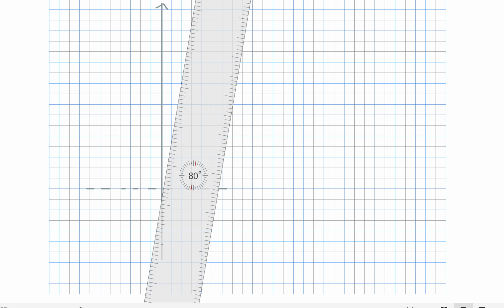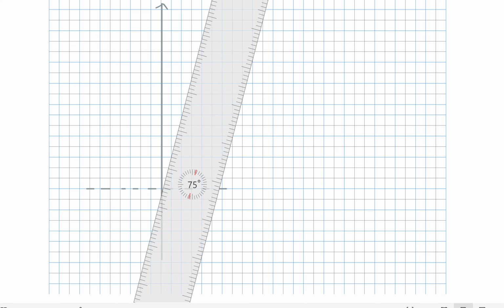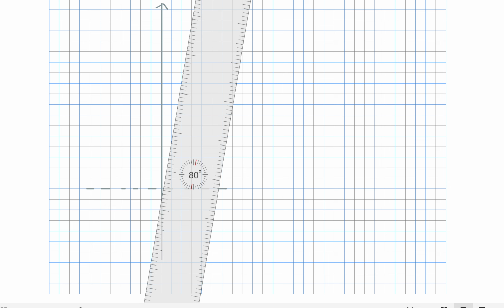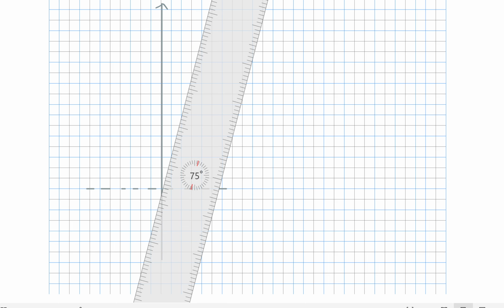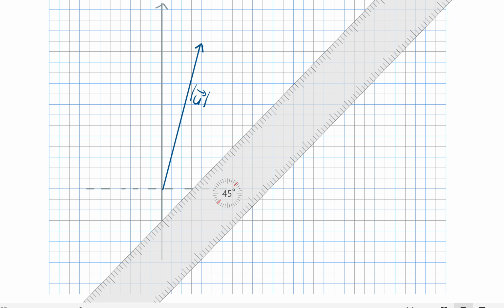See if I can do it. It's too tricky. Can we just assume that's 78 here? Okay. So this will be our vector U, which has a magnitude of 218.